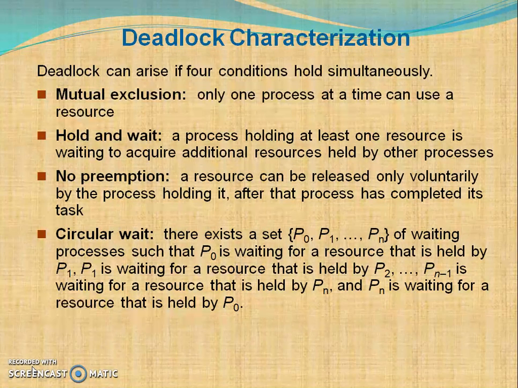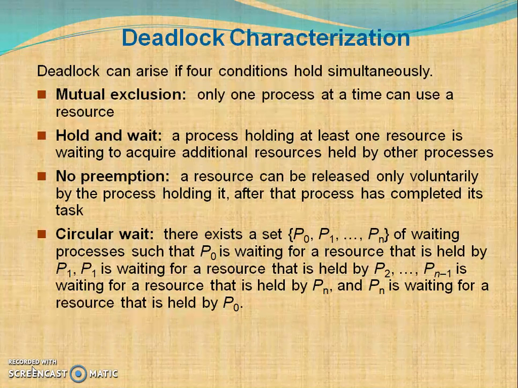Second one is hold and wait: a process holding at least one resource is waiting to acquire additional resources held by other processes. Third one, no preemption: a resource can be released only voluntarily by the process holding it, after the process has completed its task. Fourth one is circular wait.